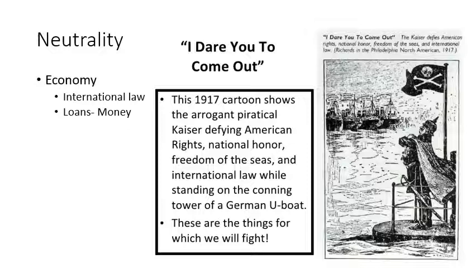But with the importance of war orders on the American economy, Woodrow Wilson ends up ending this ban. By April of 1917, loans to the Allied nations exceed $2 billion, which is nearly 100 times more money than America lent to Germany. And so this is really underwriting America's neutrality.